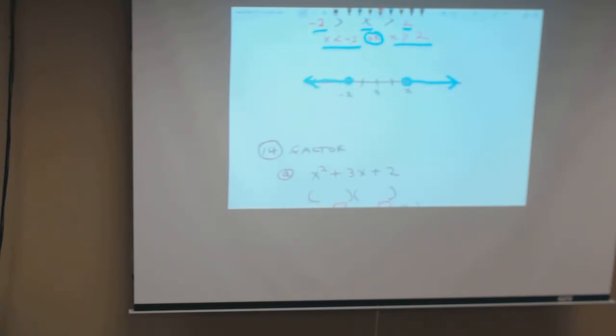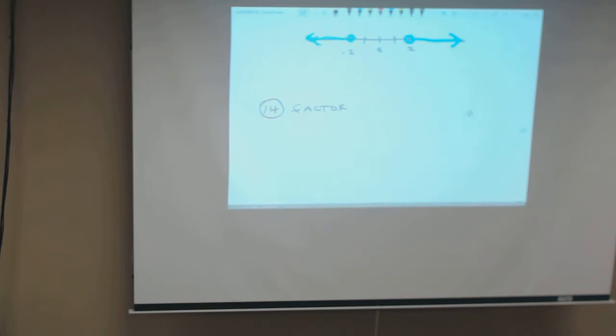Number 14 says factor. So what two numbers multiplied would equal 2? 2 and 1. That's about it.